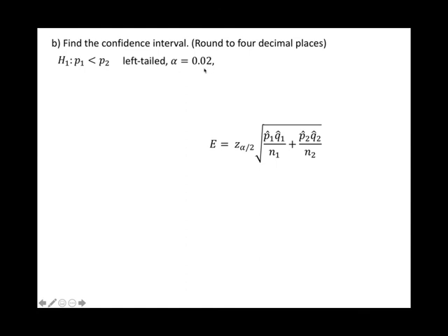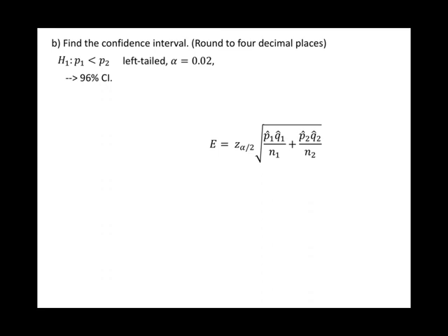We have the left tail equal to 0.02, right? So that means I make up the right tail also 0.02. So when you add it up, it's going to be 0.04. 1 minus 0.04 will be 0.96, which is going to be a 96% confidence level.